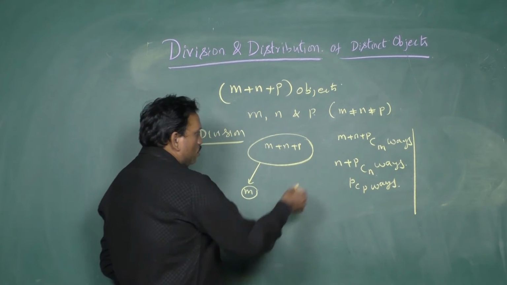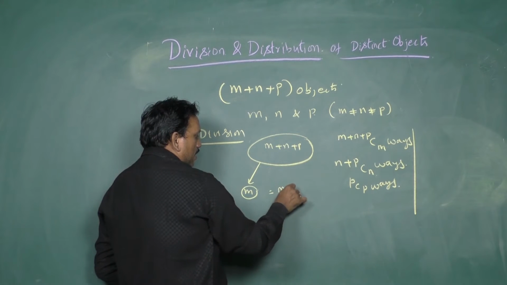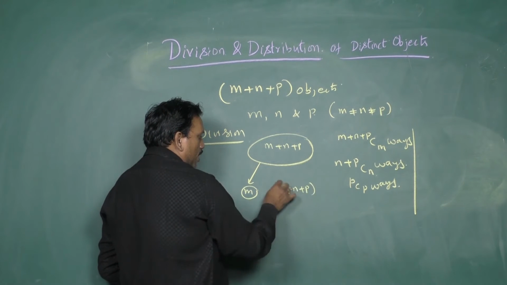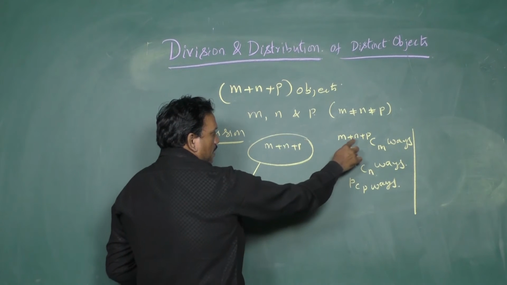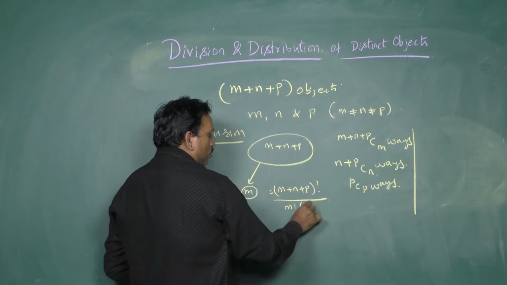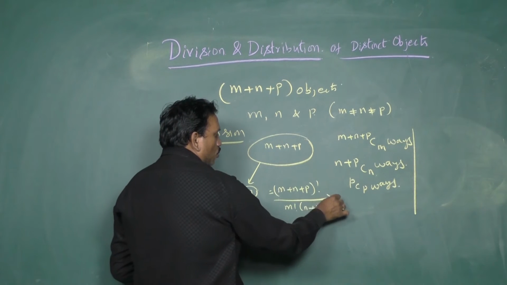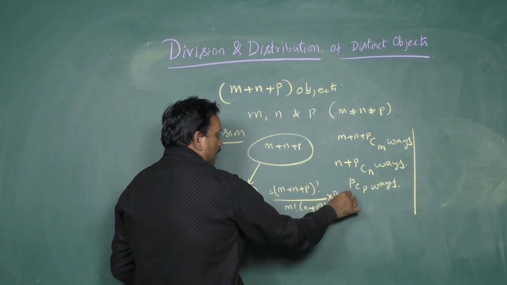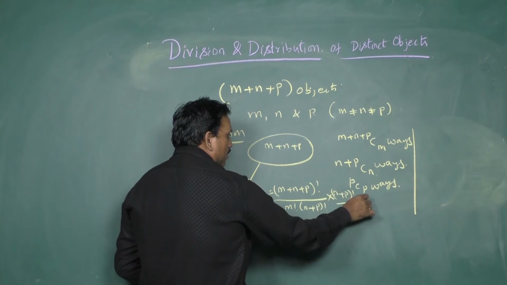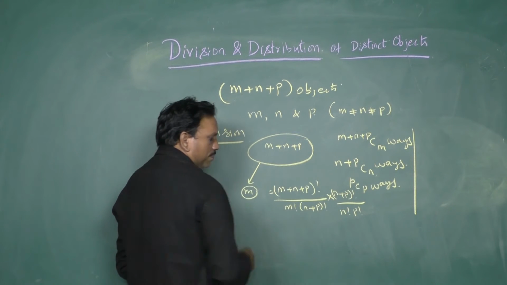Now if you write the values of this, m plus n plus p C m is m plus n plus p factorial by m factorial into n plus p factorial, into n plus p C n. This can be written as n plus p factorial by n factorial, p factorial.